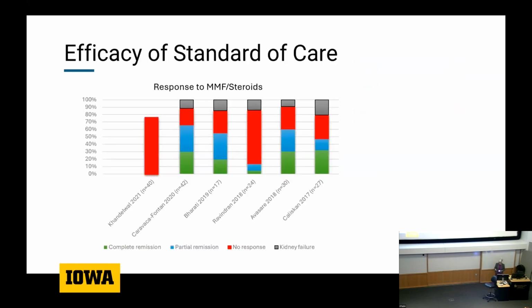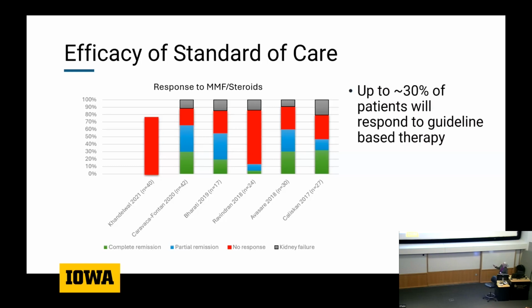Here's a very quick summary of the data, and really because I know that the print can be kind of small for you, what I want you to see is that red is 0 response in these cohorts. Green are the patients that actually responded to the mycophenolate mofetil and steroids. And again, they used the mycophenolate differently.